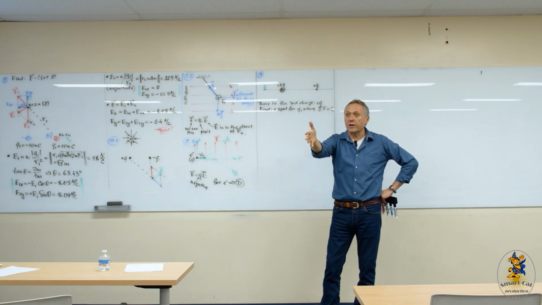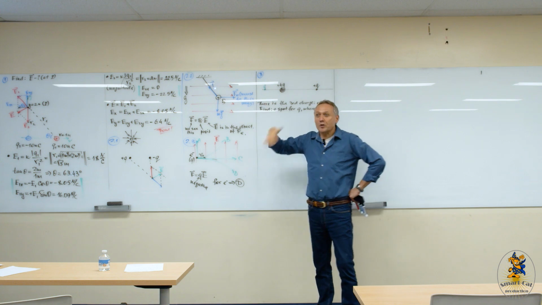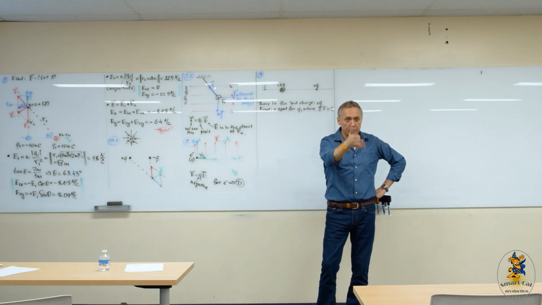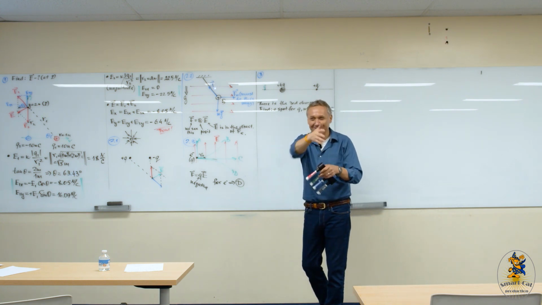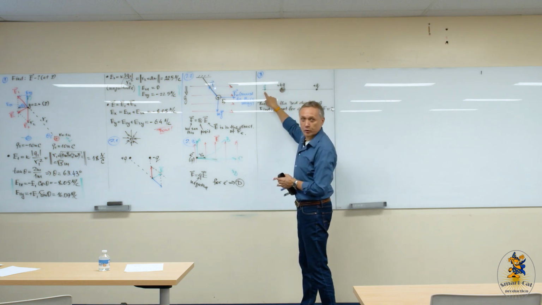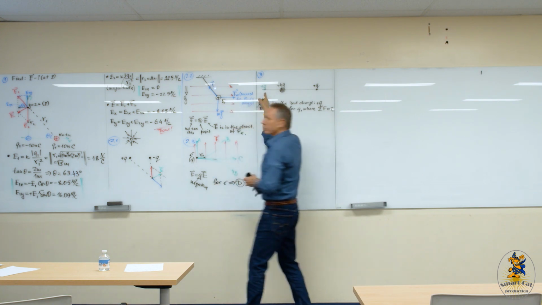I just want to see the direction. I just want to see philosophically, is it possible in this region to have net zero electric force? You think it's possible? Okay, let's draw it then. This is positive. This is also positive, right? Let me even emphasize plus. So what's the direction of the electric force?